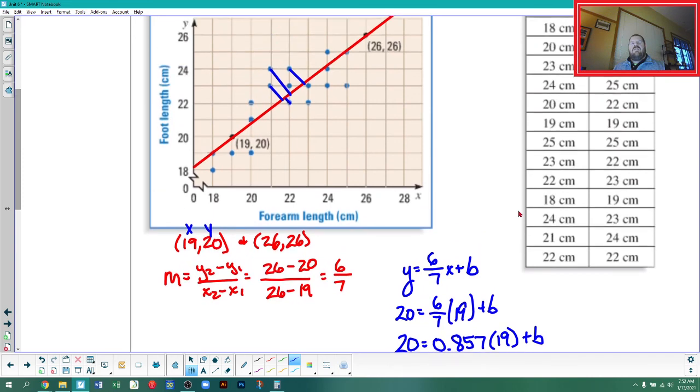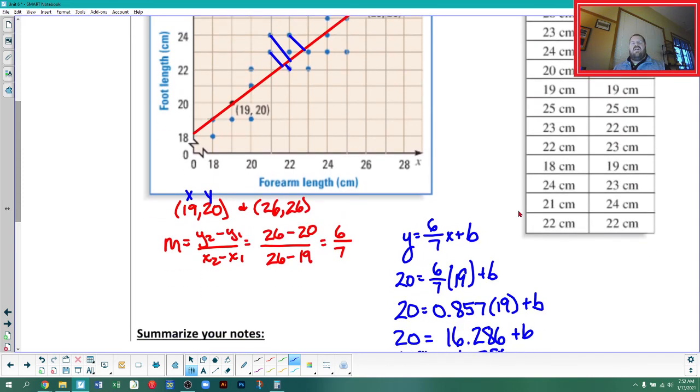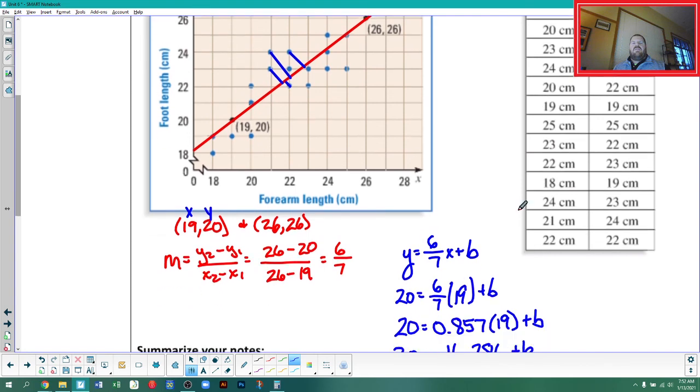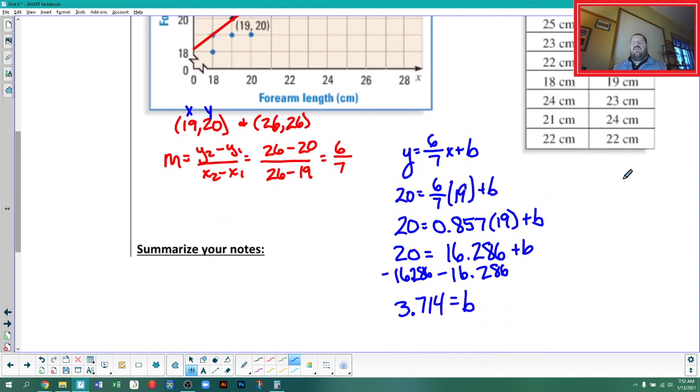Getting that information from this, it's kind of looking like my scale was off just a little bit, but that's okay. We're going to go with the math that we got from everything. So I'm going to write it all as decimals. I don't really like using decimals because I know that I rounded at some point. So y equals my slope. I'm going to keep that as my decimal, 0.857x plus 3.714.